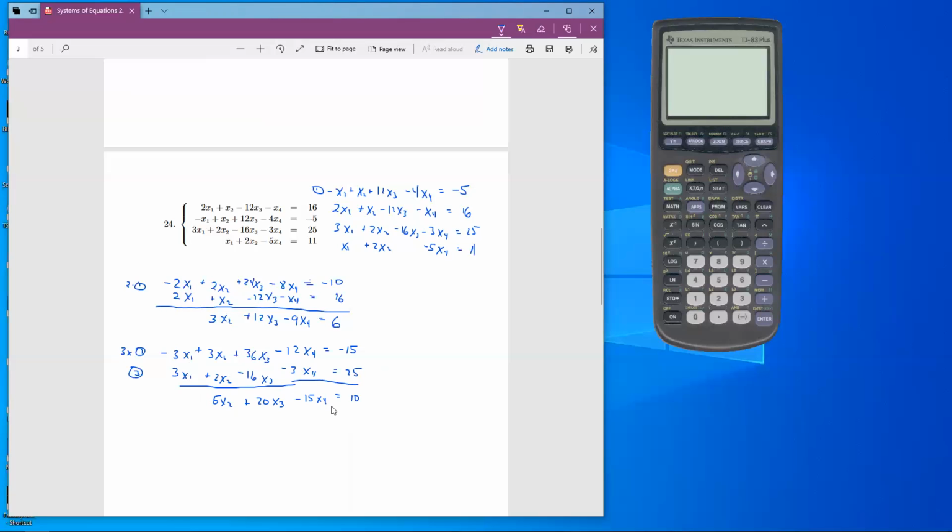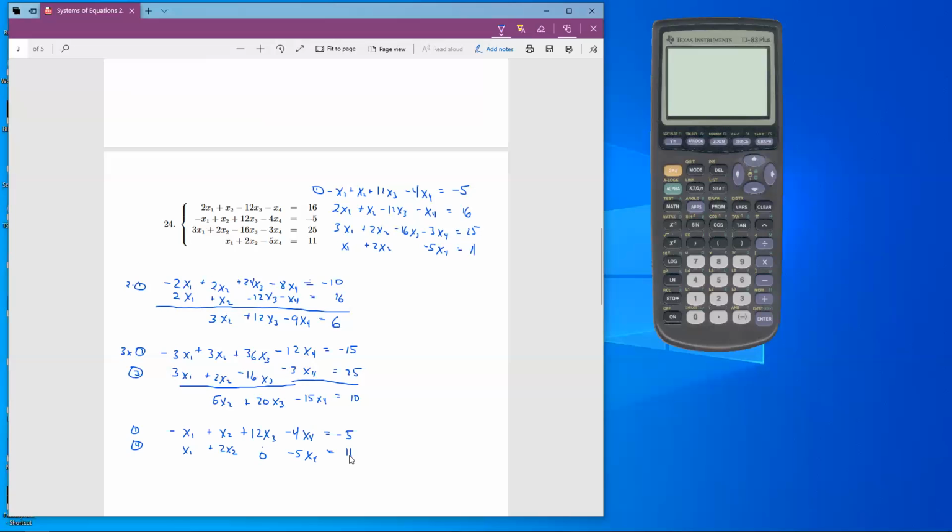All right, and then we're going to deal with equation 1 and equation 4. So we're going to have negative x1 plus x2 plus 12x3 minus 4x4 is equal to minus 5. Equation 4 was x1 plus 2x2 minus 5x4. There's a 0x3 here, and that was equal to 11.